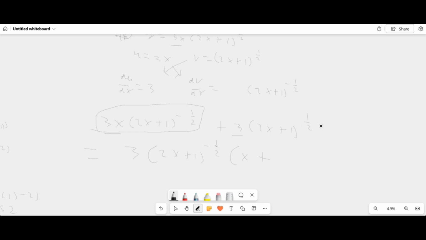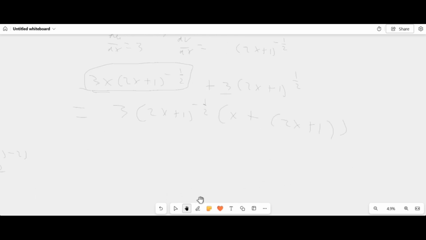Half minus minus a half is just 1. Yeah? So therefore we're just going to get 2x plus 1, no power. 2x plus 1 to the power of minus half here. x plus 2x is 3x here, and then plus 1 here, yeah?